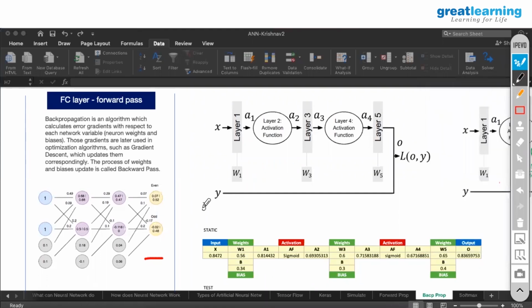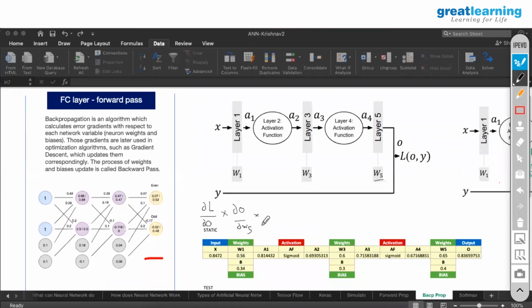I will say by how much my loss will change with respect to my actual output, sorry, predicted output that I've got. That will be my first differentiation, multiplied by how much my output will change with respect to my weight number 5. Agreed?